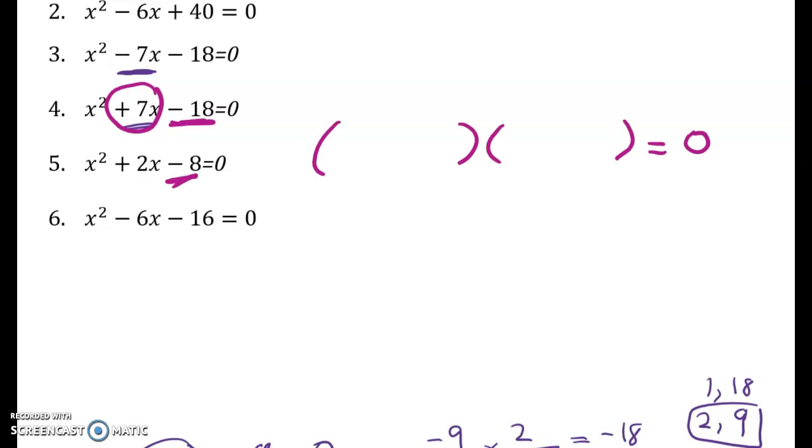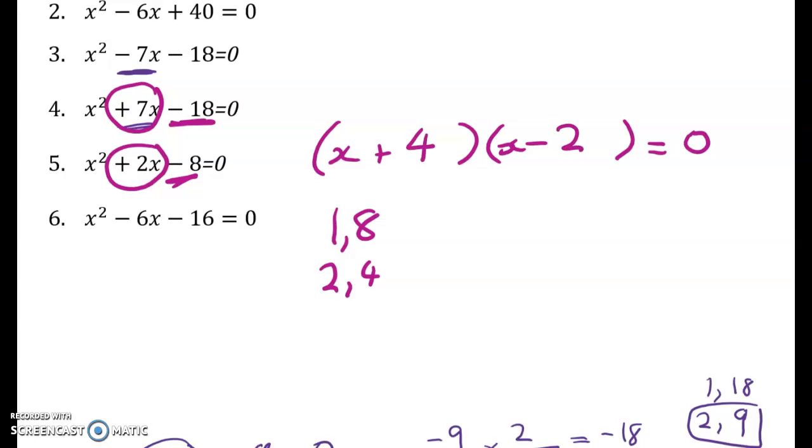So my sign pattern is going to be 1 positive and 1 negative. The factors of 8 are 1 and 8 or 2 and 4. I need to have a gap of 2. And because it's plus 2x, it will be x plus 4 times x minus 2, right?